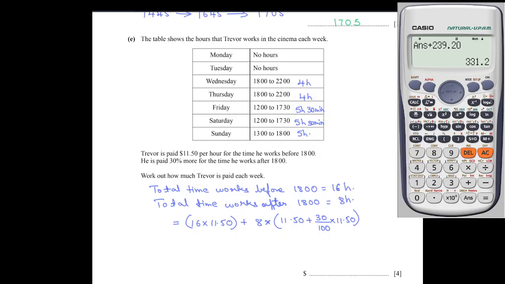Now you find out 16 into 11.50 plus 8, open the brackets, 11.50 plus 30 by 100 into 11.5, close the brackets, equal to, yeah, this is 303.6.